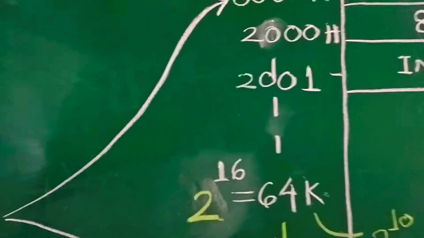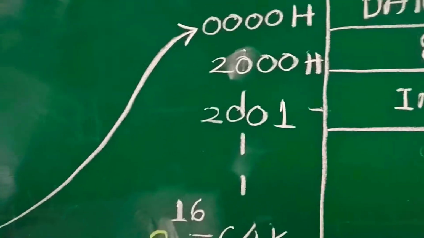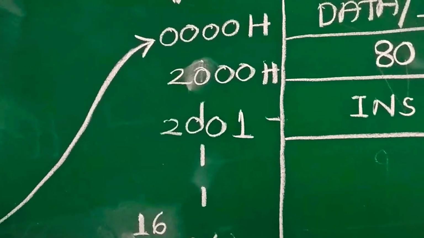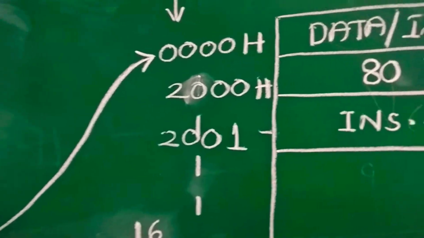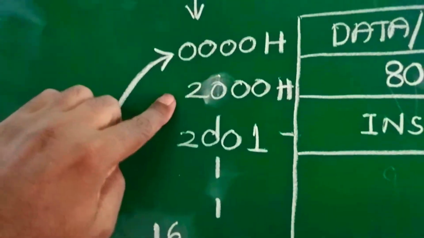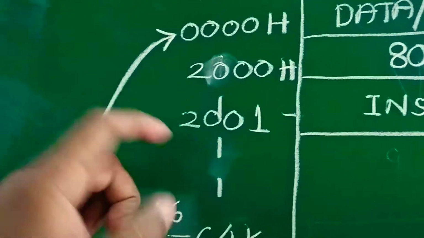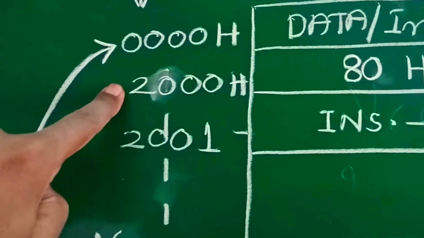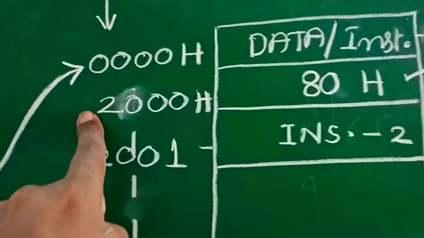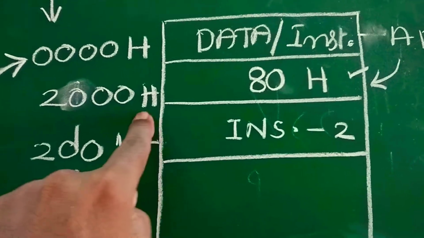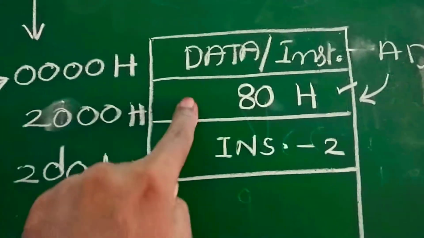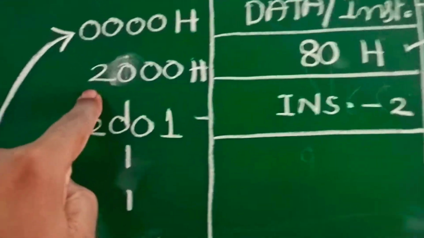Now coming to the explanation of program counter. What the program counter is doing, it is sequencing the program. How is it sequencing? Initially we are feeding the starting address, from where we have written the program, in the PC.